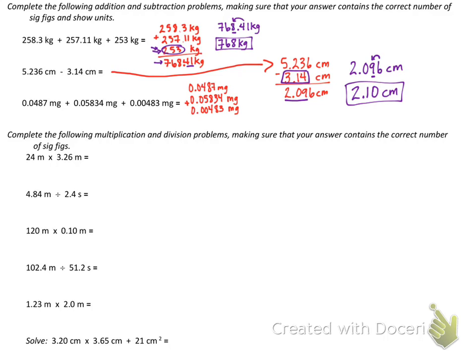Okay, here's my addition sign. And again, when I look at all these, I can tell right away that this measurement right here gives me the least amount of accuracy. Okay, so let's add these all up.